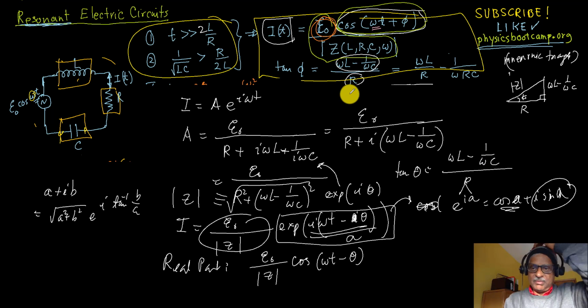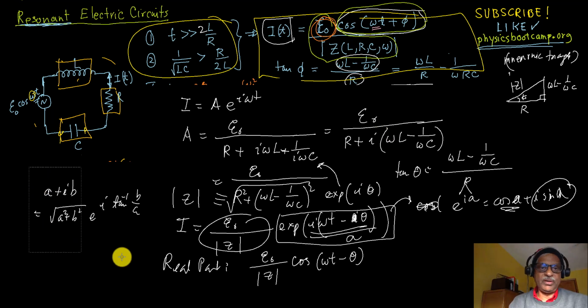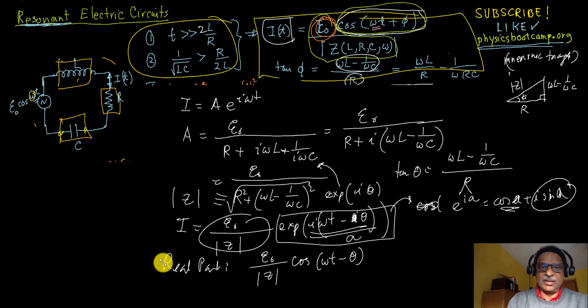Seems like there is a difference with what I wrote earlier, and there's a sign problem. I don't know if I've messed up a sign someplace, but you can check the sign by assuming a frequency at which omega L dominates.